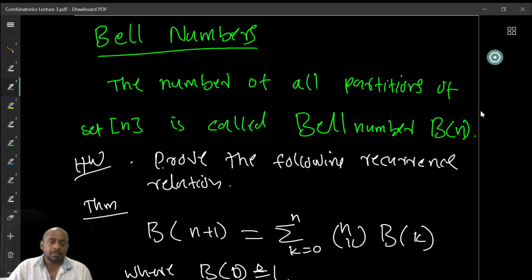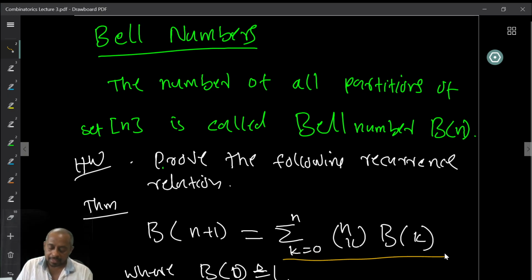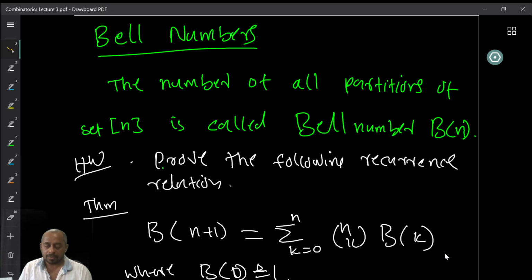Now, what I want you to do is to prove the following recurrence relation of Bell numbers. Bell numbers follow this recurrence relation. That is the theorem that b(n+1) is equal to the summation, k equal to 0 to n, of n choose k times b(k), where b(0) I define to be 1.